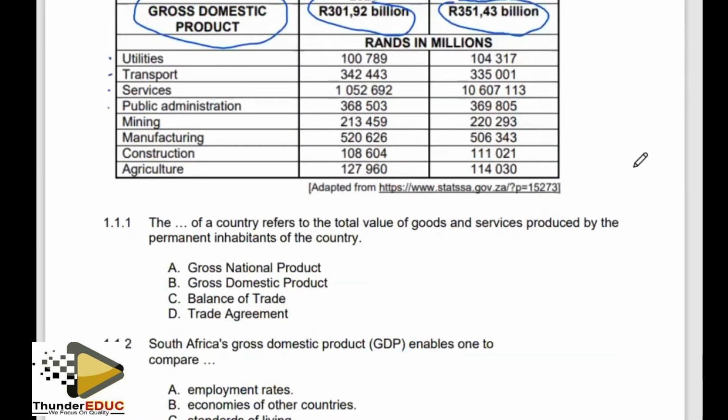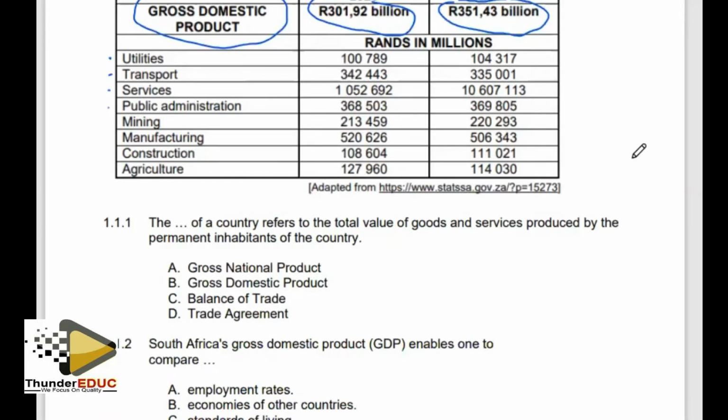So question 1.1.1 says the dash of a country refers to the total value of goods and services produced by the permanent inhabitants of the country. Now the concept here is the word permanent inhabitants. So this one does take out people who are not permanent inhabitants.